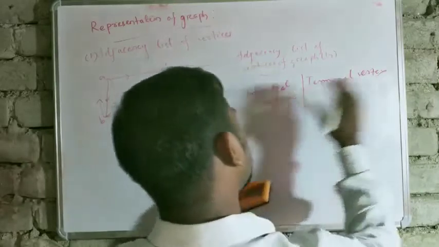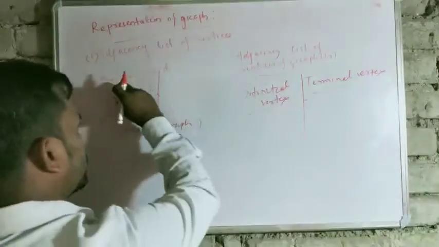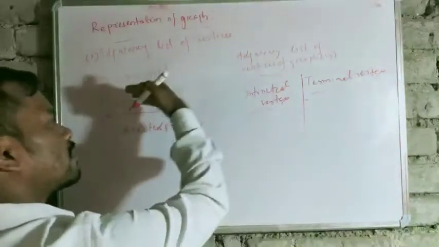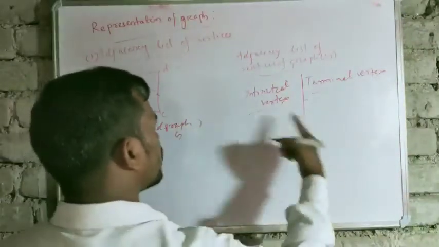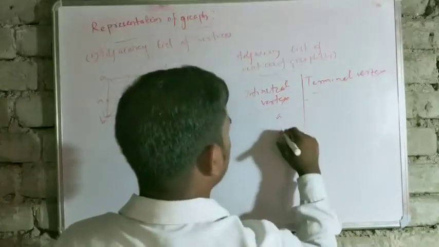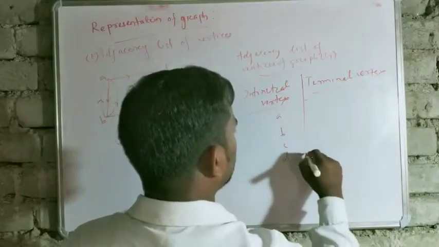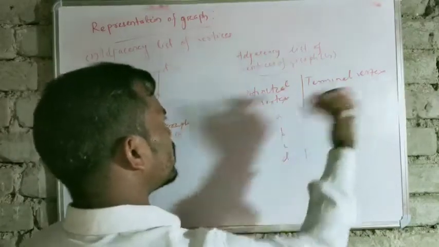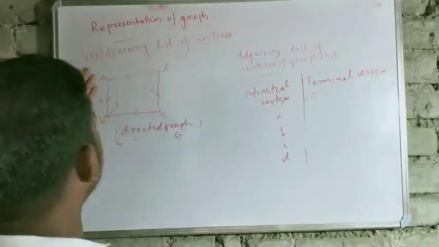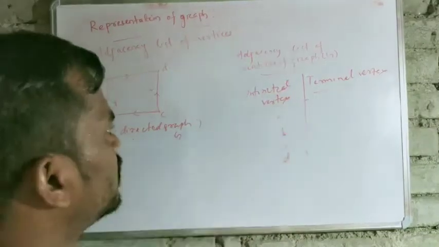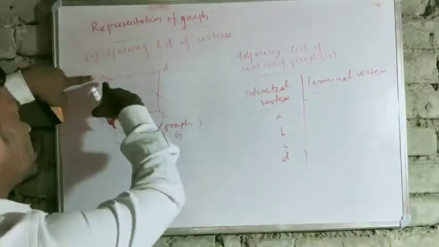By writing this, we can represent this one in this way, or if this format is given, then you can reverse it back. Okay, here there are only four vertices A, B, C and D. So if the initial vertex is A, then what will be the terminal vertex? You have directed edges here.